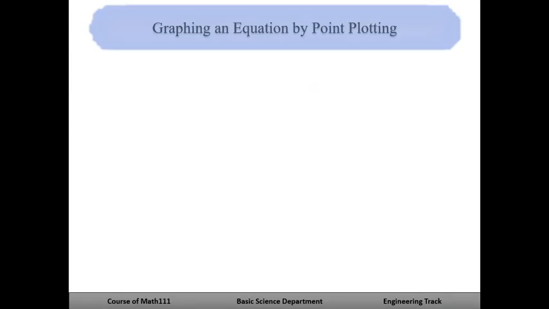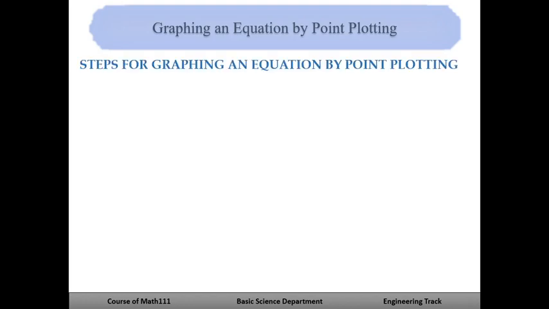Graphing an equation by point plotting. Now, we didn't talk about how to make the graph of an equation, but we said how to find the x-intercept and y-intercept of the graph, and how to know if a point is on the graph.